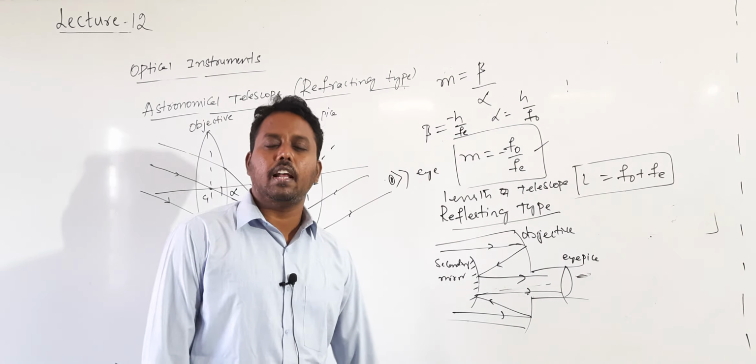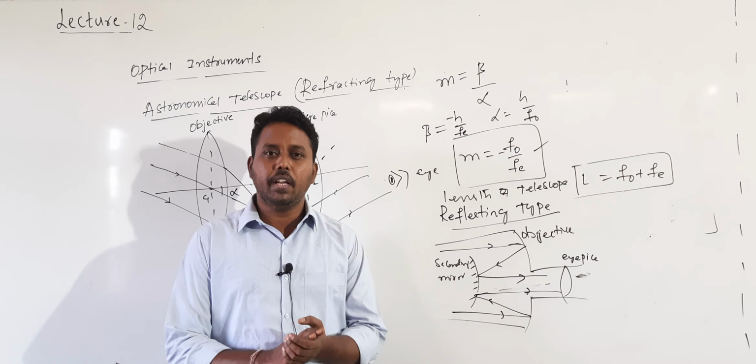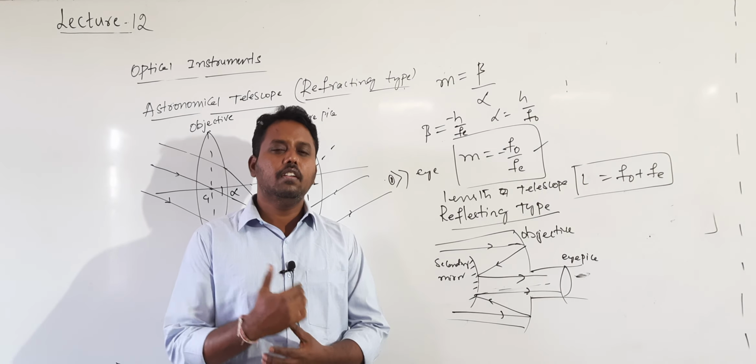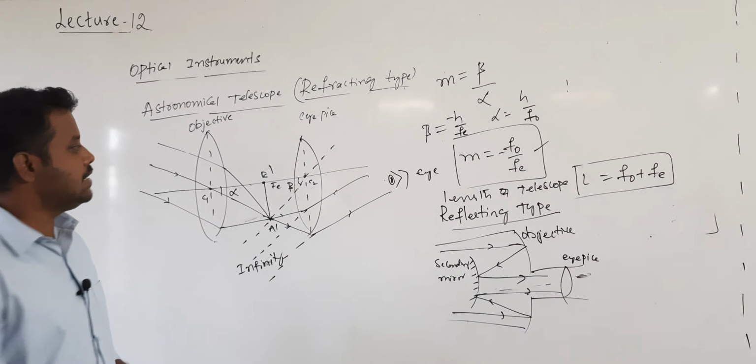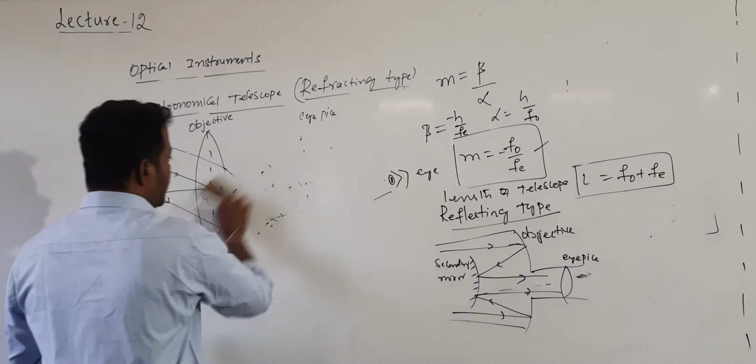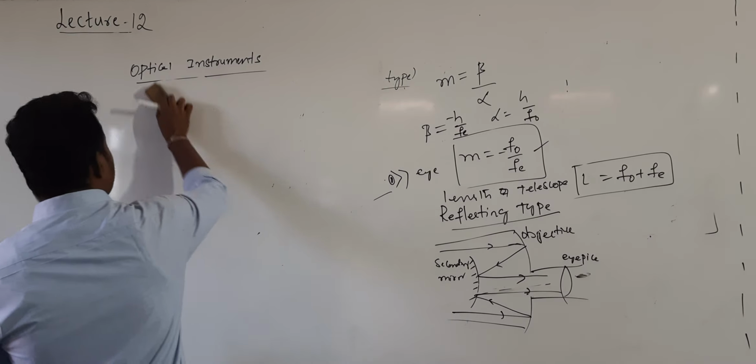Tomorrow's class we will start with the NCERT exercise numericals. Before that, one last point: let me tell you what questions we come to know for 5 marks and 3 marks in this chapter.